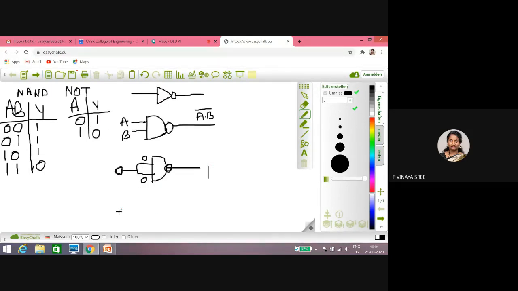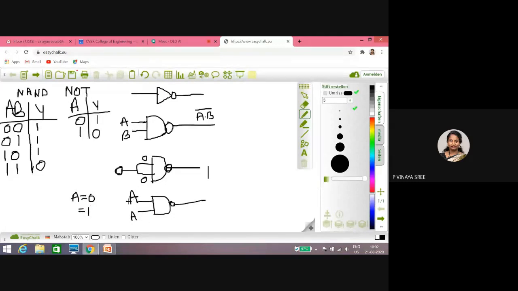Okay. So instead of connecting 2 to 1, I want to give them individually. I want to give input A and A. So again you will have two combinations, A equals 0, or A equals 1.